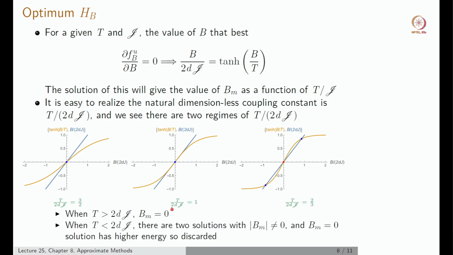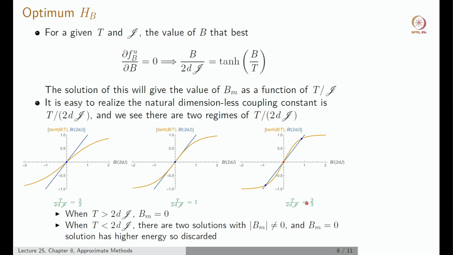When T is less than 2dJ, there are two solutions with magnitude not equal to 0, one with plus value and the other with minus value, and Bm equal to 0 corresponds to a higher energy solution. So we don't even worry about this when T is less than 2dJ.